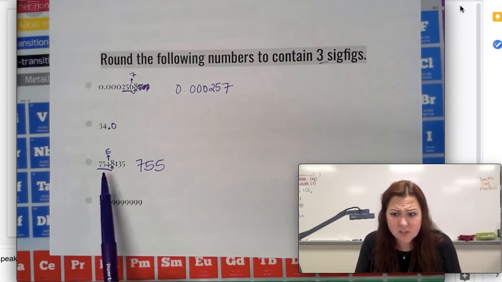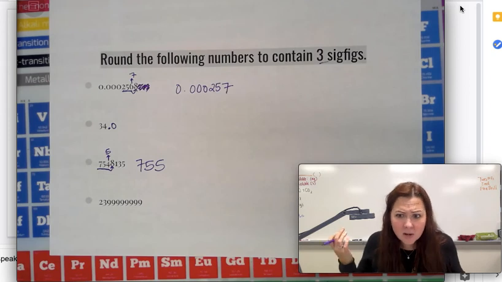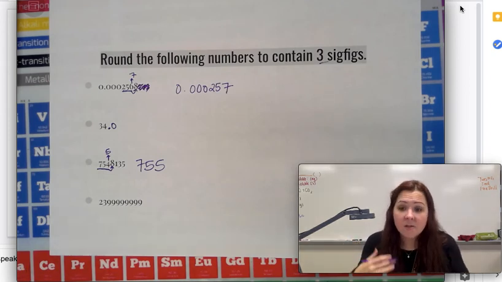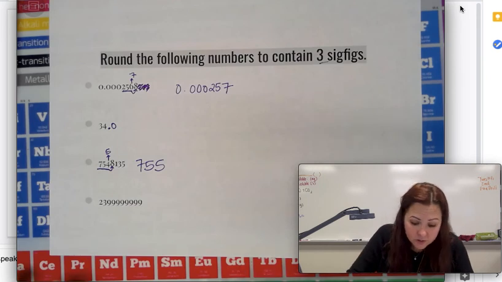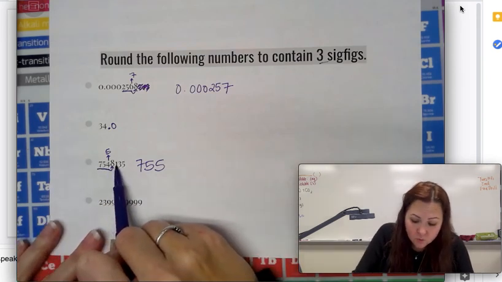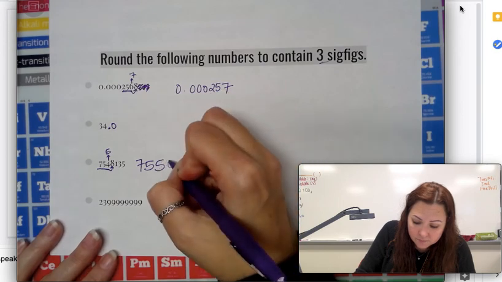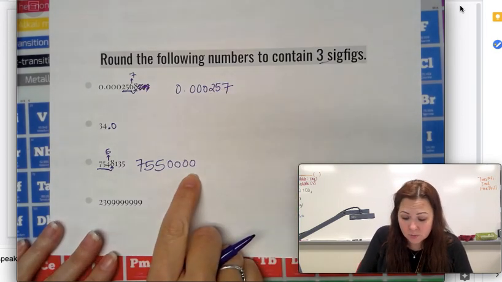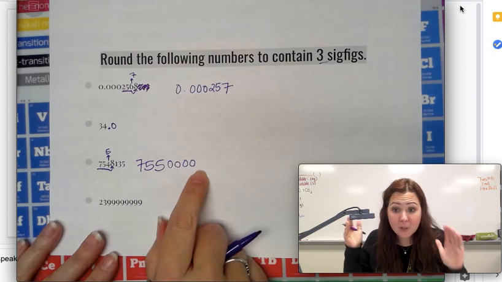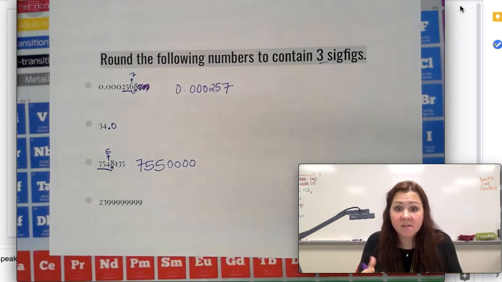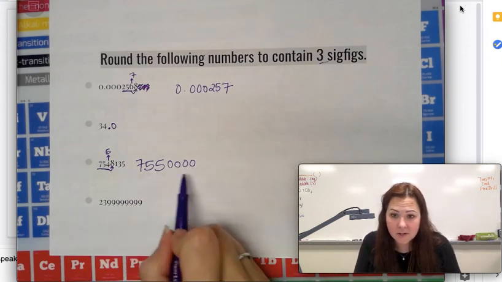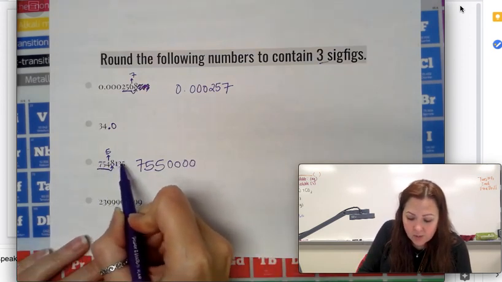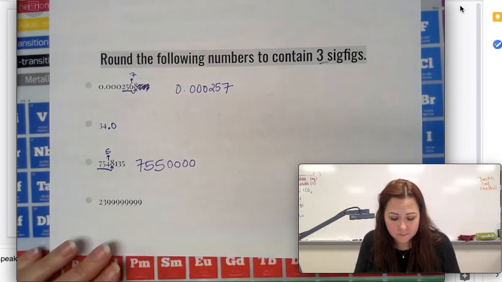Now you're writing me a check for $755? Why did I do all that hard work? You have to make the number about the same. To do that, we fill in 1, 2, 3, 4 placeholder zeros. Those zeros at the end of the number do not count because there's no decimal place present, but they show the magnitude of the number. They're necessary to show how big that number actually is. So rounding this one, we had to use placeholder zeros.